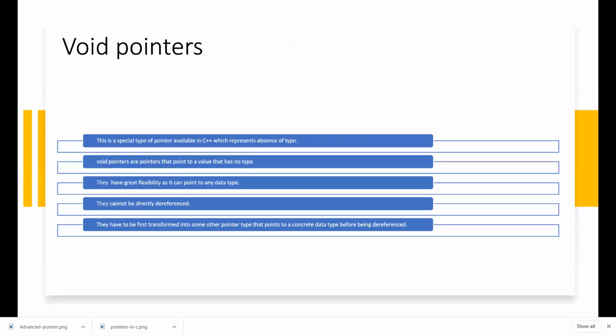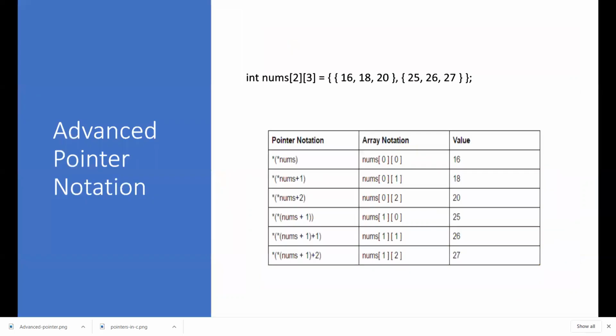So these are the topics I have discussed: void and null pointer concepts, the pointer to pointer concept, and some advanced pointer notation. I am leaving it to the student to find out the output of this two-dimensional array using this pointer notation.